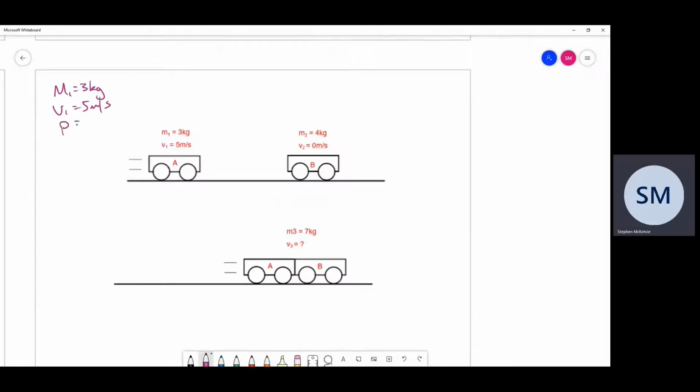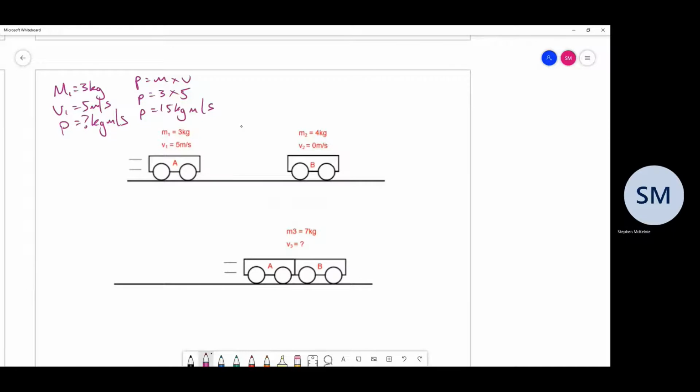My momentum, I don't know, but that can be found by multiplying the mass times the velocity. Momentum here, M2, pardon me, the mass for B is 4 kilograms. The velocity, 0 meters per second.